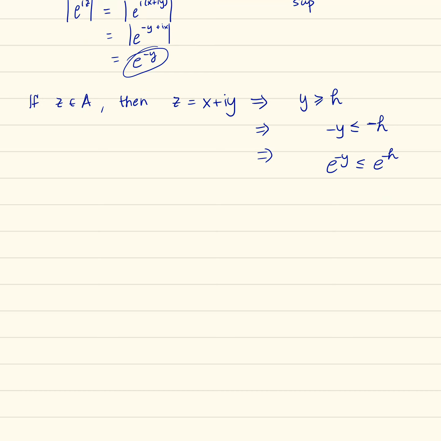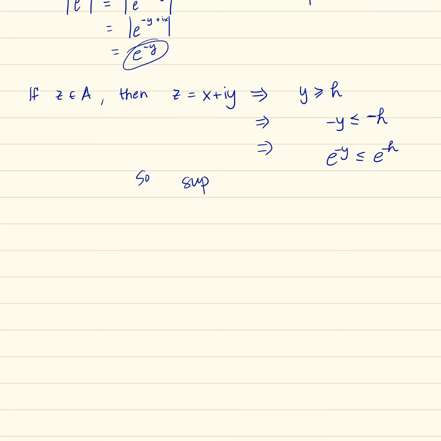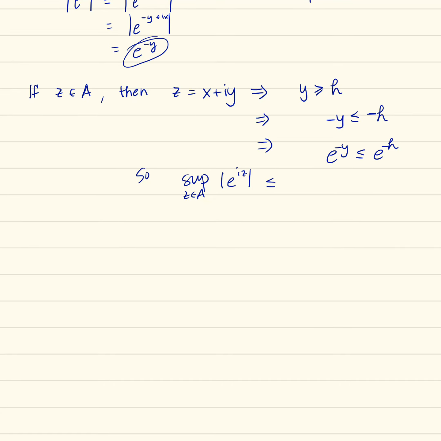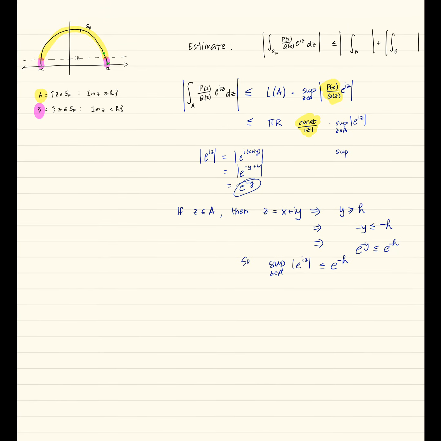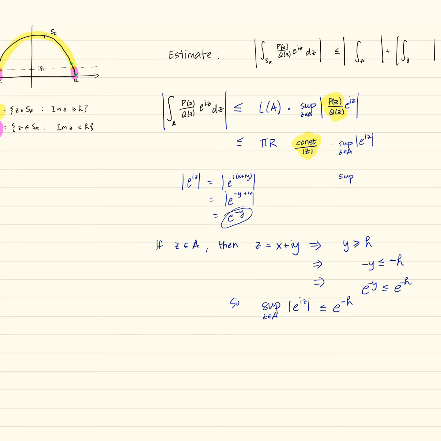So from these computations, the sup over z in A of the modulus of e^(iz) is going to be less than or equal to e^(-h). Make sense? So this is what we're going to use for our sup of the modulus of e^(iz).